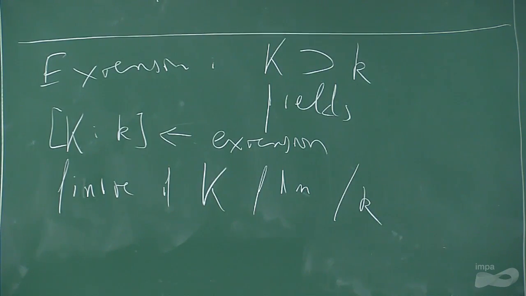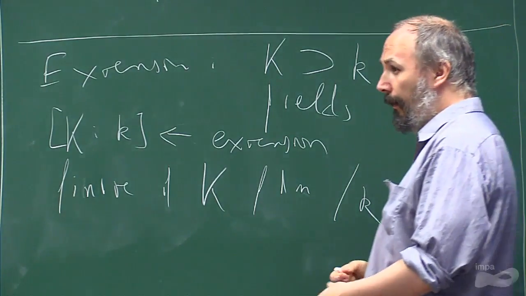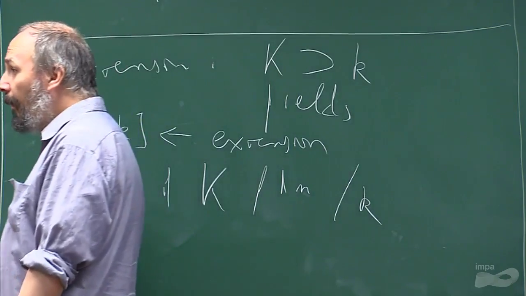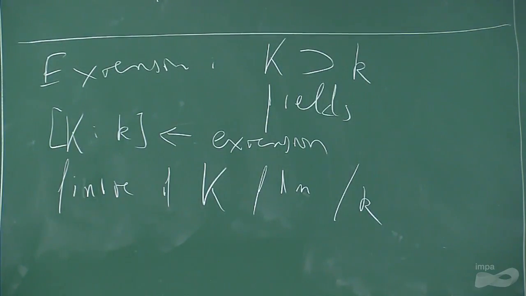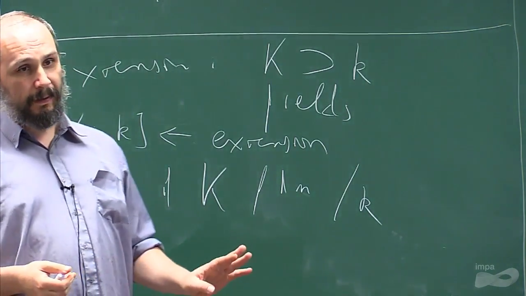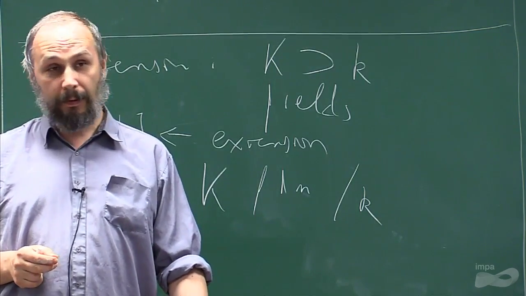Do you have any questions about that? There's an important notion of an algebraically closed field, a field which has no non-trivial algebraic extensions. And C is algebraically closed. We have discussed that at some point.